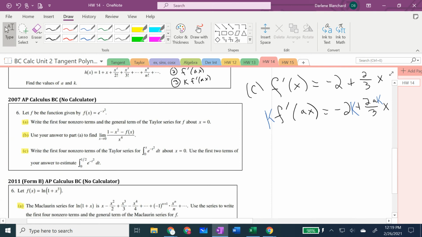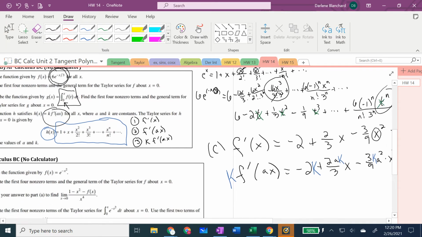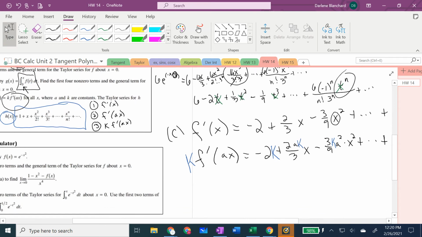So with this problem, I was supposed to find that, and then h of x is equal to this series, and I'm supposed to figure out what a and k need to be equal to that series. Although when you look at that, you might recognize it, and it can be beneficial to recognize.